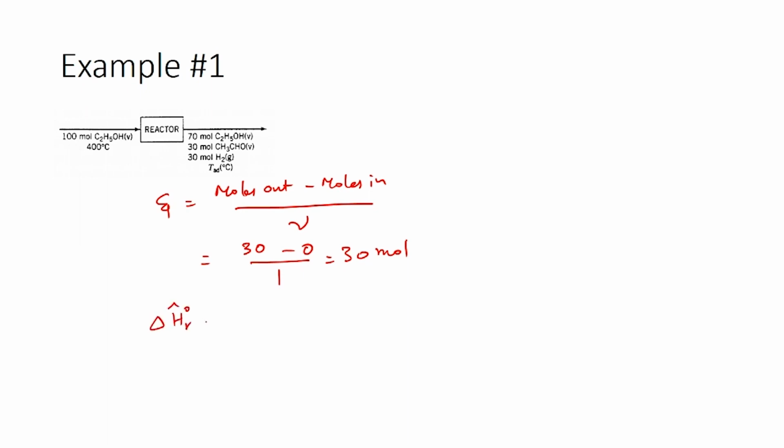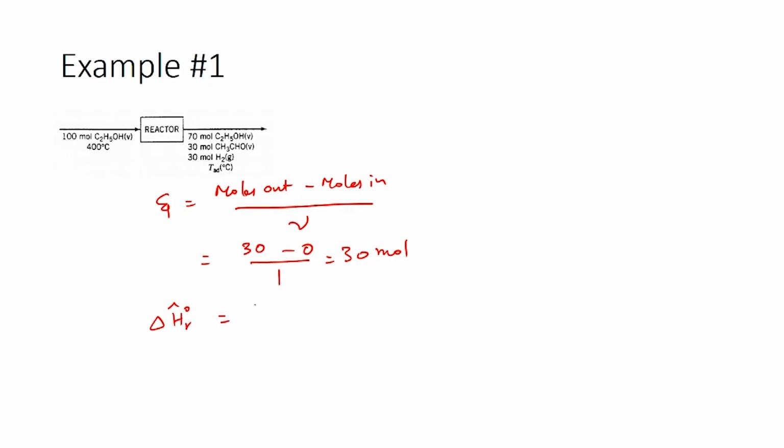So, the standard heat of reaction can be calculated from the heats of formation. So, what you would have would be heat of formation for the products minus the heat of formation of the reactants. So, basically a product of the stoichiometric coefficient and the heat of formation for the products and the summation of that, and subtracting that with the heat of formation of the reactants. So, let us try and do that.